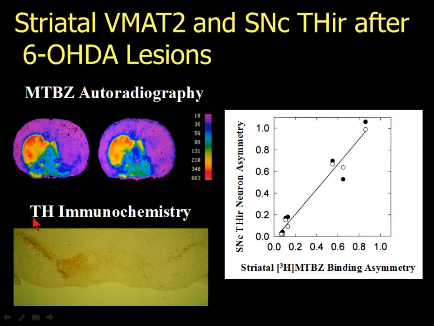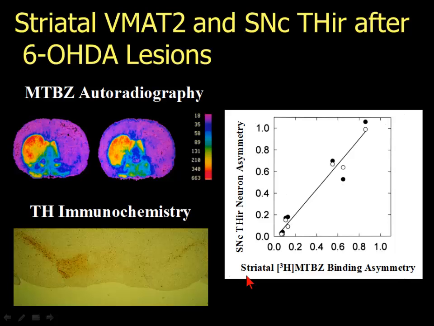And this was quantified by tyrosine hydroxylase immunohistochemistry. So here's the control side of one of these rats, and here is the lesion side in an animal that had a very severe lesion. And in an animal like this, where we have virtually complete loss of the dopamine neurons, we see a virtually complete loss of specific binding of tetrabenazine to the vesicles. So here's the intact striatum, and here's the denervated side.